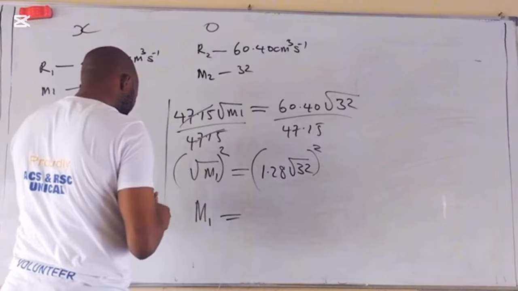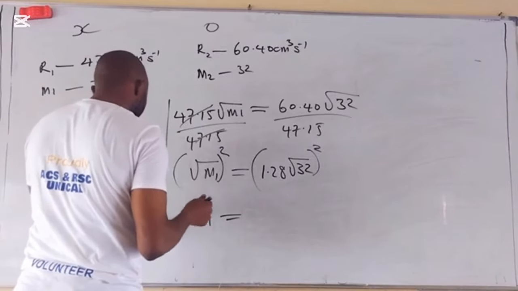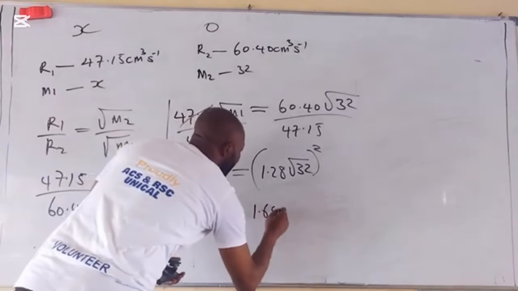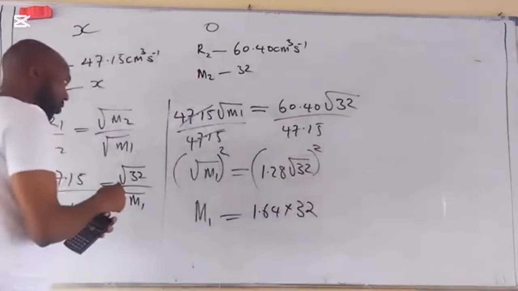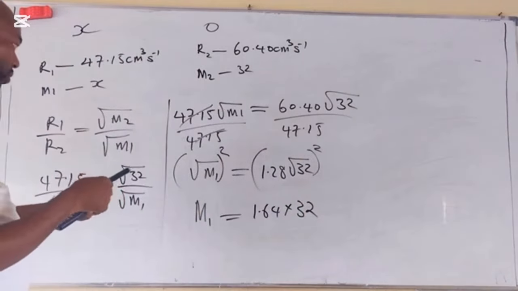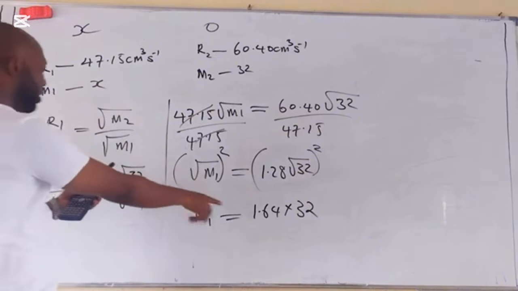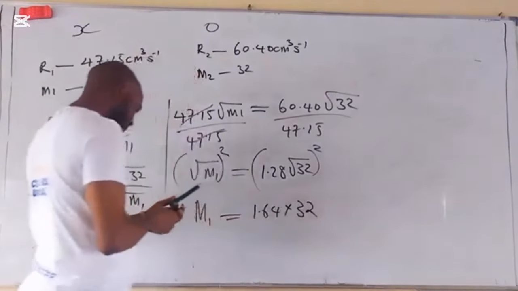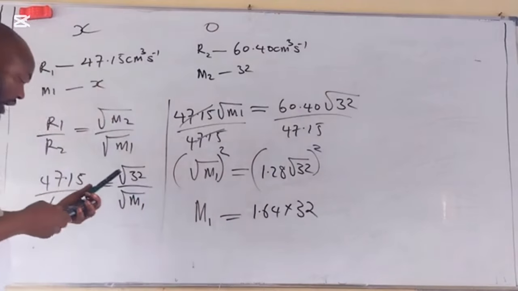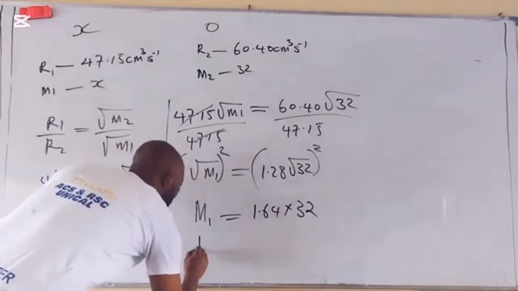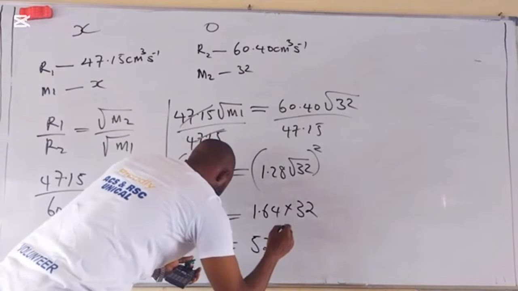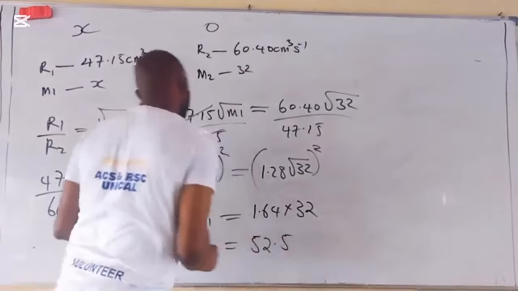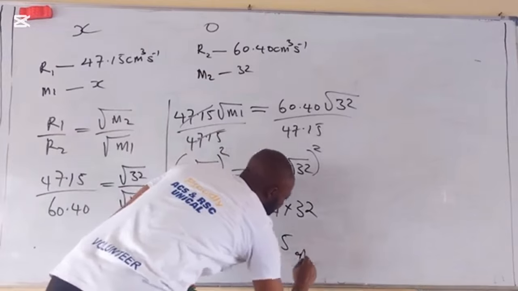When I square this, I have 1.64 times 32. The square of root 32 is 32. So when I multiply this, 1.64 times 32, I have 52.5. So M1 is equal to 52.5. Relative molecular mass is g/mol.